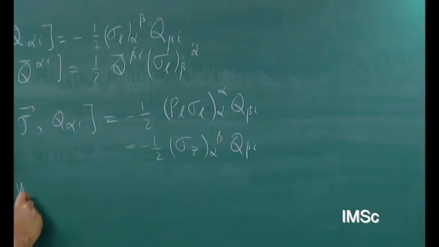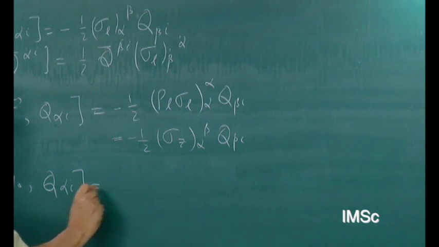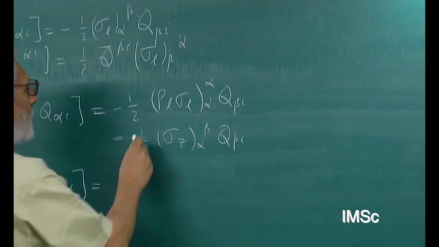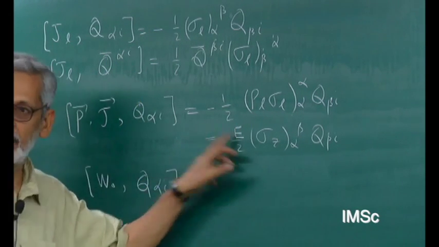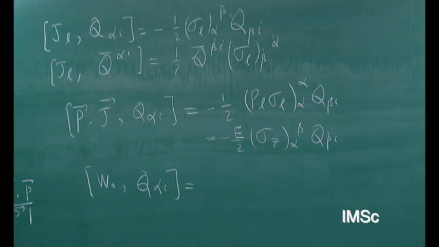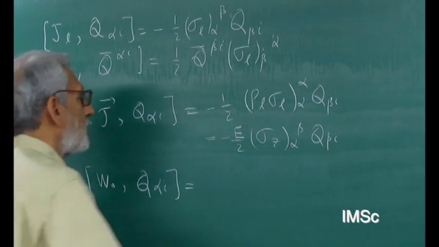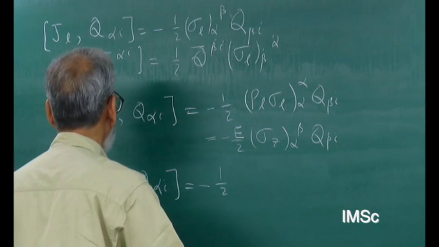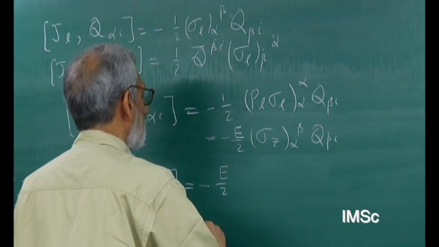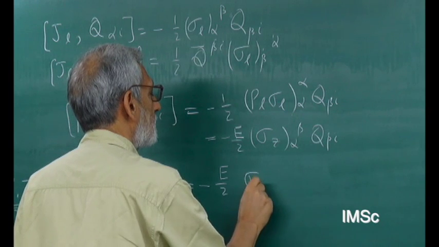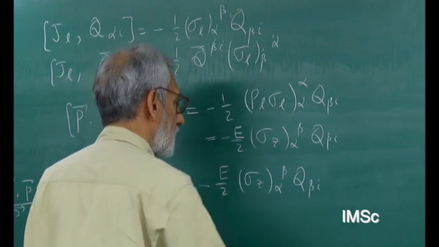So I can write W0, Q alpha I is, sorry, there is an E here, right? Because the P_z component is E. So you take E here, that gives me minus half E sigma z alpha beta Q beta I.